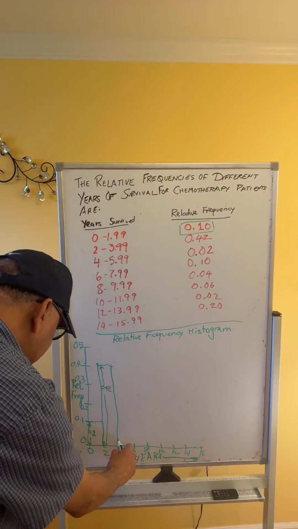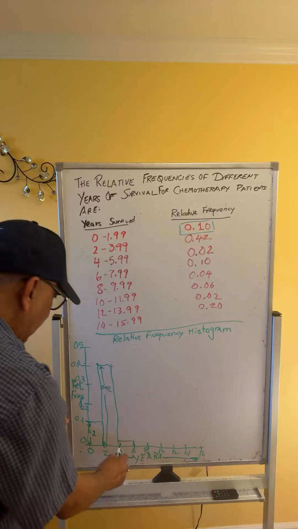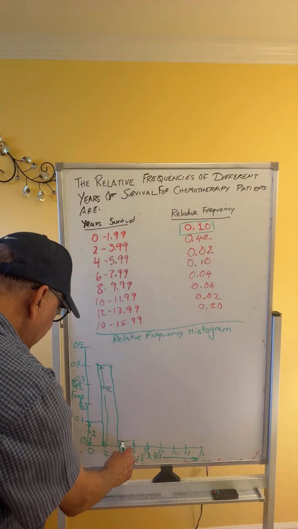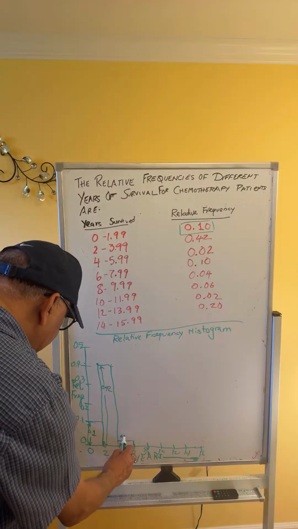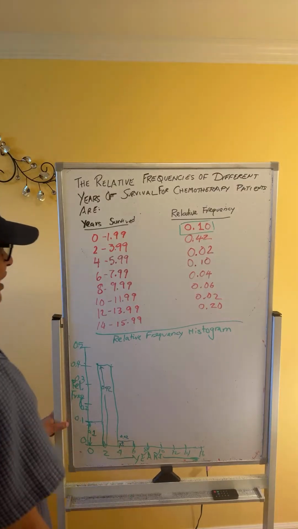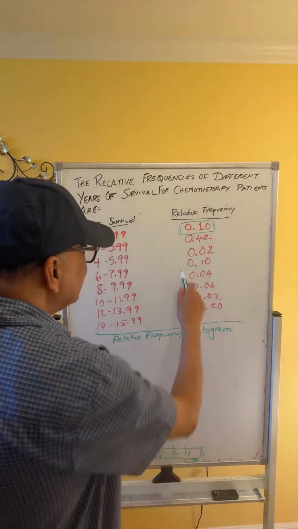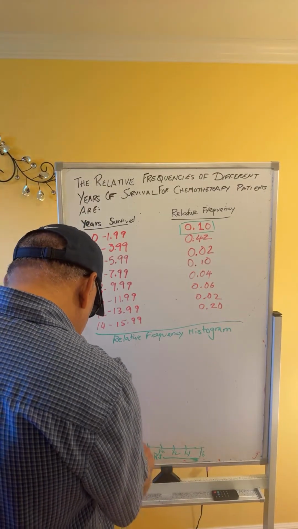Now 0.02 will be really small. So this is 0.02. The height is 0.02. That is the height of the next vertical rectangle. Next one height is 0.1 relative frequency, so it's over here.